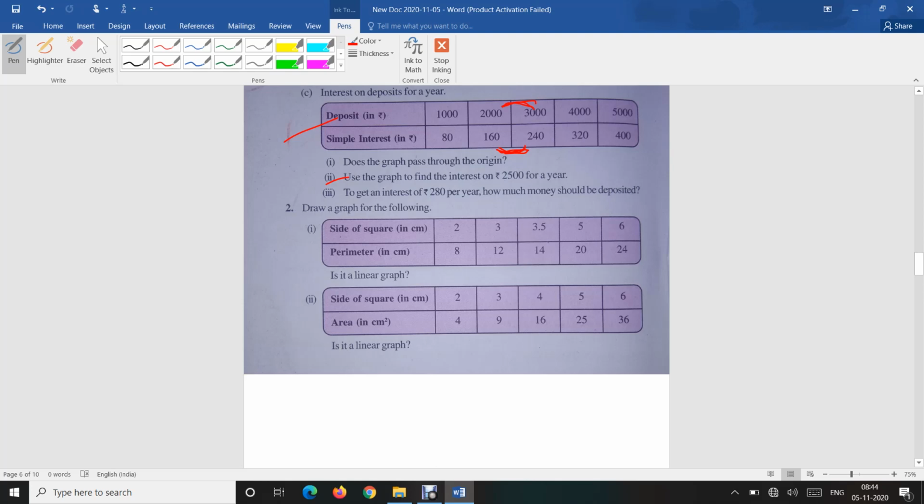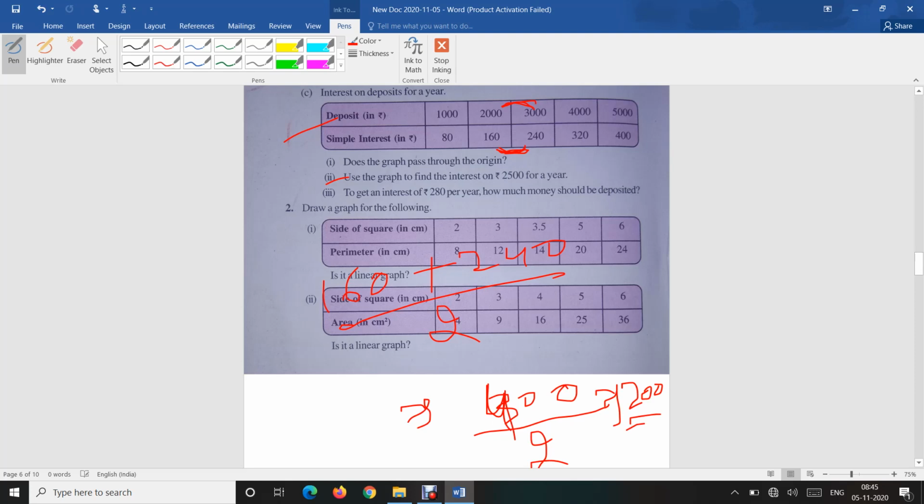So you can find the middle value: 160 plus 240, that is 400, divided by 2, which will be equal to 200. That means the interest on 2500 rupees for a year is 200 rupees.